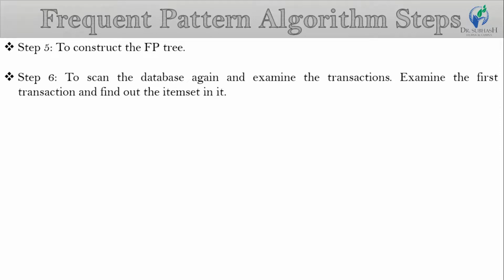Now, then the next transaction in the database is examined. Then the item sets are ordered in the descending order of count. If any item set of this transaction is already present in another branch, for example in the first transaction, then this transaction branch would share a common prefix to the root.